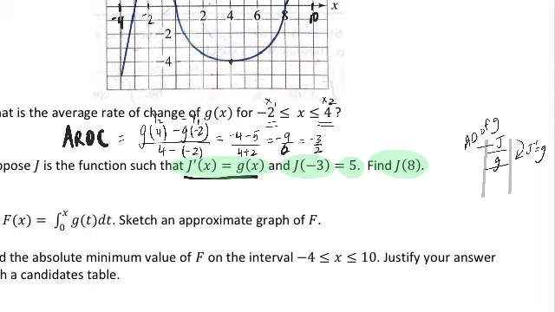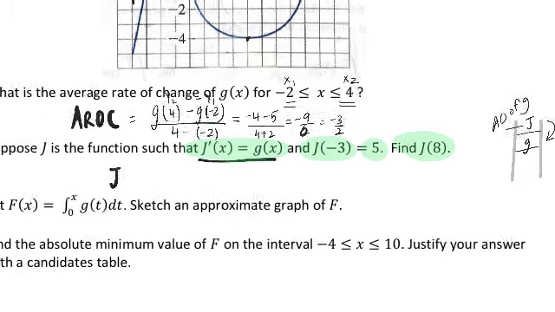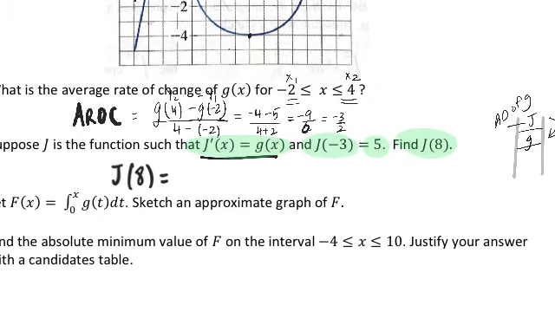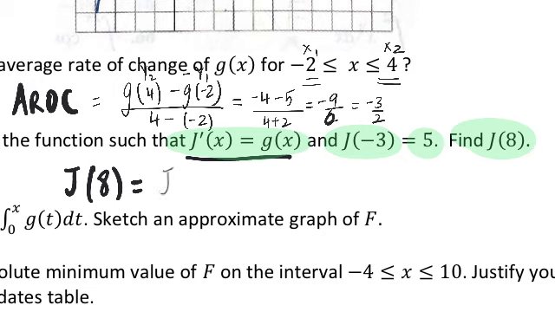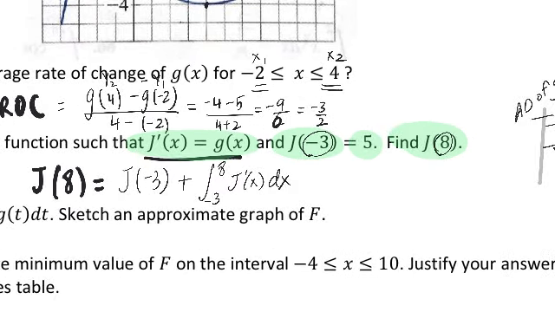The net change theorem says that the antiderivative j at 8 will be the antiderivative at -3, plus the area under the derivative going from -3 to 8. And so this is using our net change theorem, right?